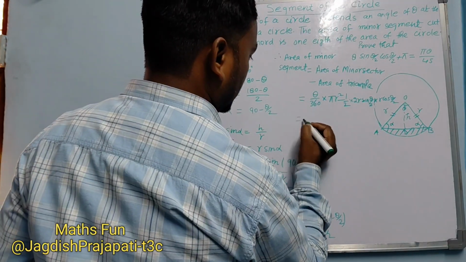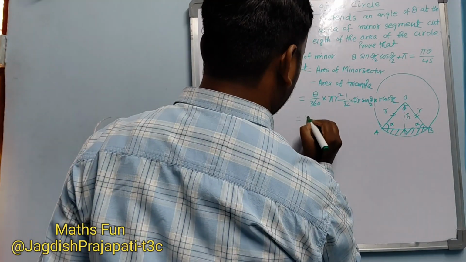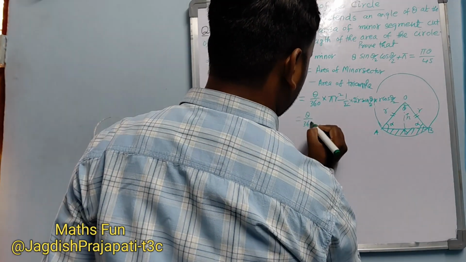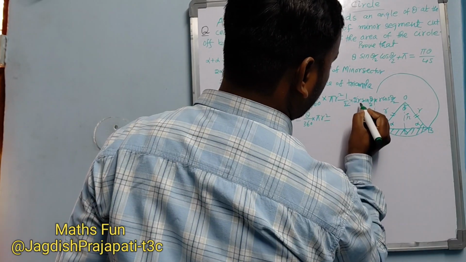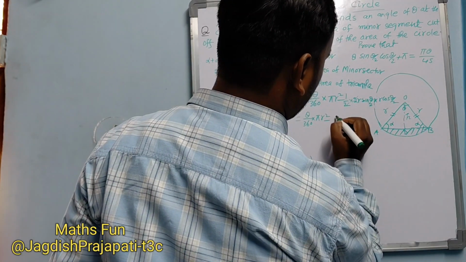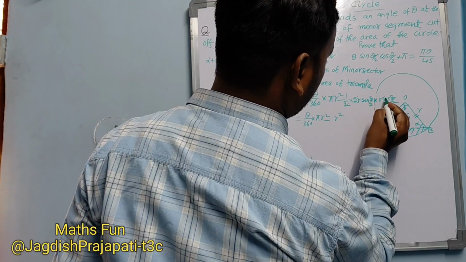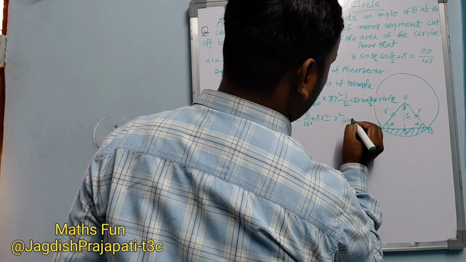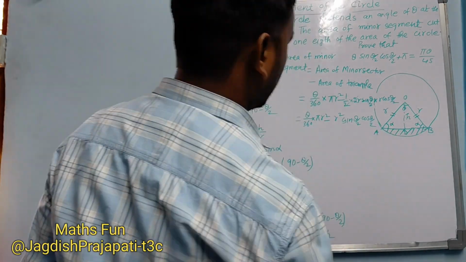Okay, so this 2 will be cancelled out. Theta by 360 pi r square minus r square sin theta by 2 cos theta by 2.